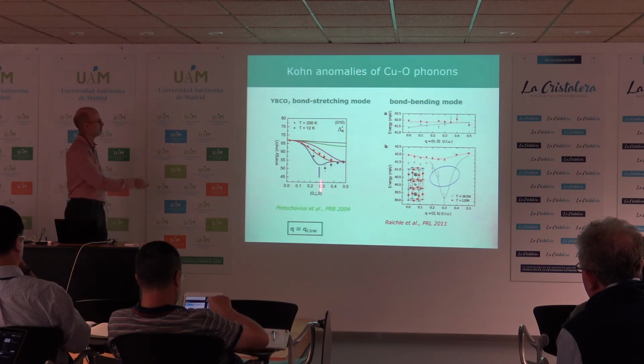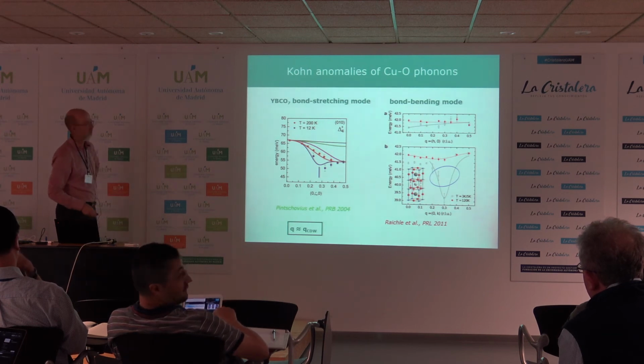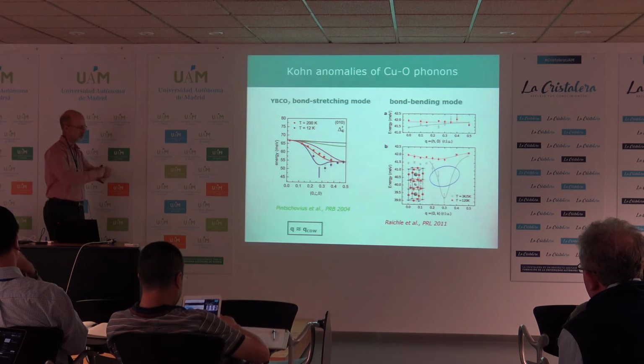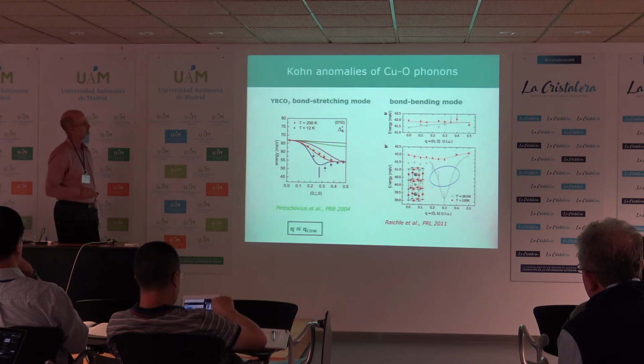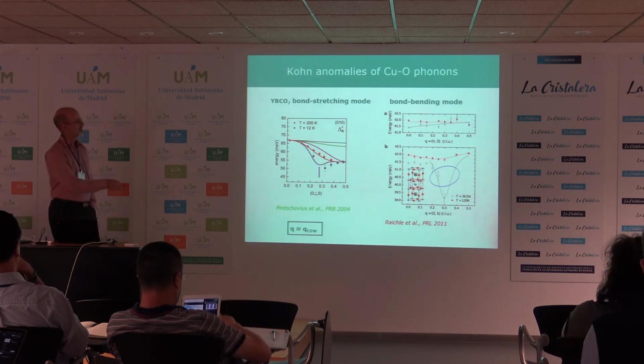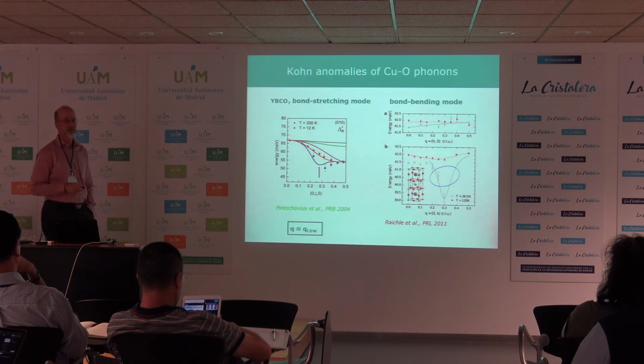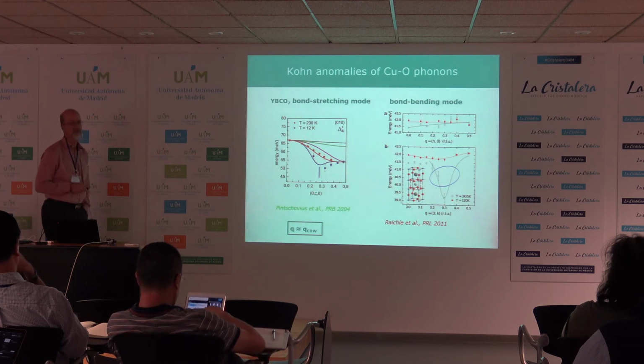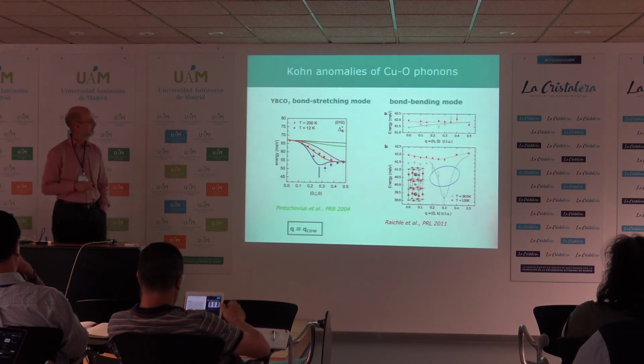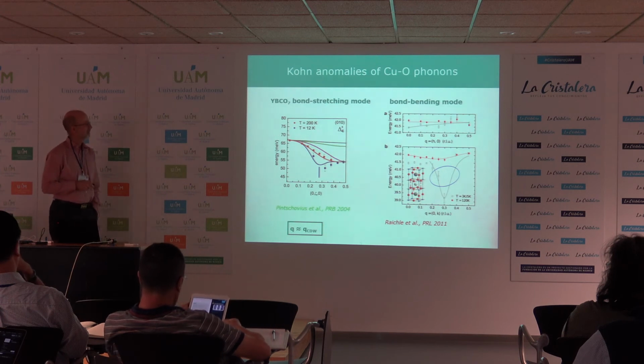So you look at Pintschovius's data here, it's 0.3. Here, our data on the bond bending, and this is the bond stretching mode. The cuprate bond bending mode also has this very pronounced Kohn anomaly, and all of this can now be associated with the charge density wave phenomenon. Also with the temperature dependence, everything is consistent.